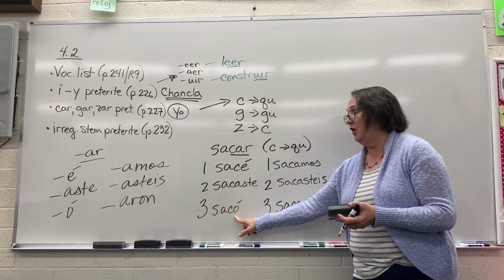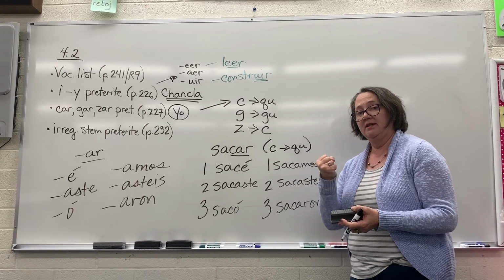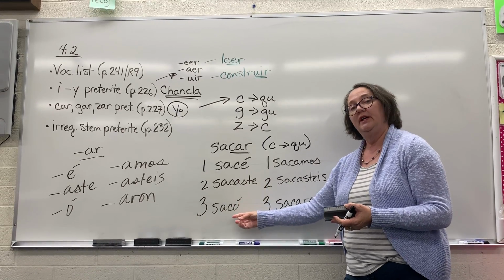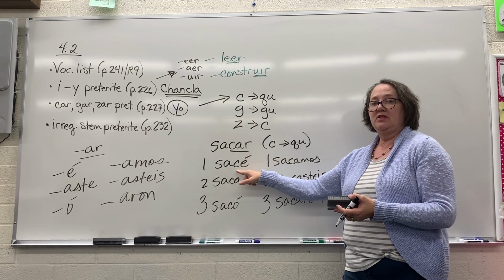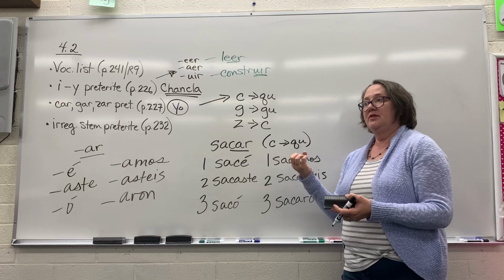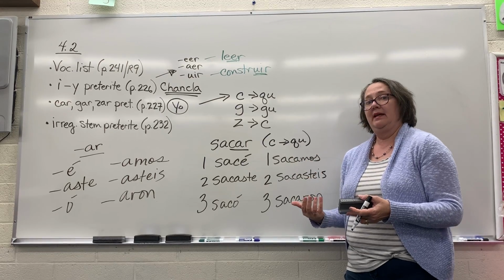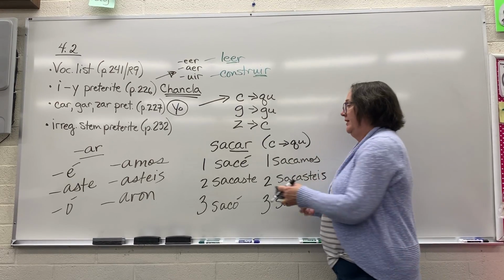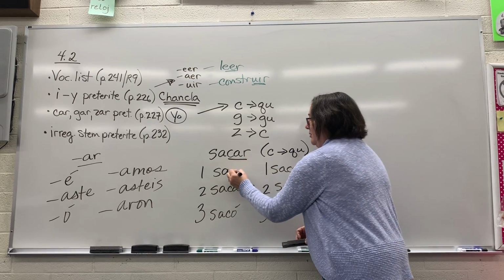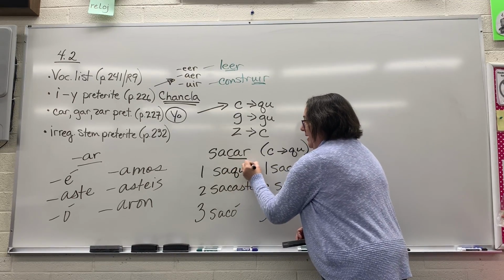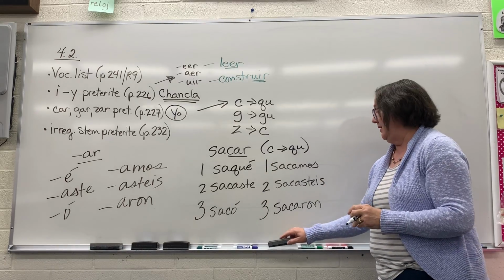Like here, it's followed by the O or the A, and it makes that k sound, sacaste, sacó. It's very strong. But when it's followed by the E sound, that softens the C. And so that's why it comes out sounding like sase, which is different. And they don't like that. So they're going to change this C to a QU to toughen it up a little bit and make it sound like the rest of them, okay?